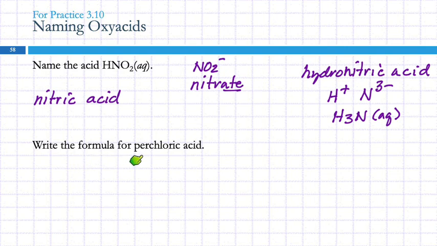Let's write the formula for perchloric acid. Does this start with hydro? No. So this is not one of the binary acids. This has an oxyanion in it. So perchloric comes from the perchlorate ion, right?